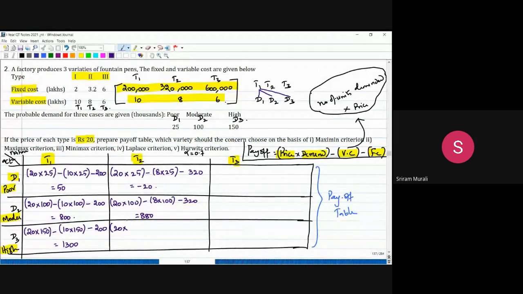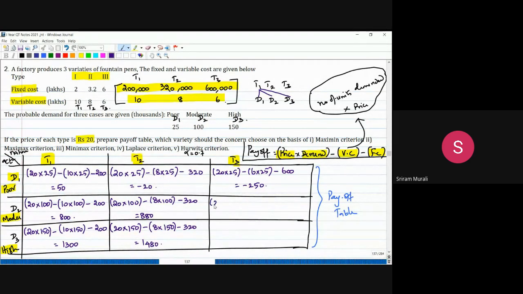In this case, 20 is the selling price, which is fixed, into 150 units demanded, minus variable cost 8 into 150, minus 320. So this is equal to 1480. The same way, the third case: 20 into 25 minus 6 into 25 minus 600, which is equal to minus 250.